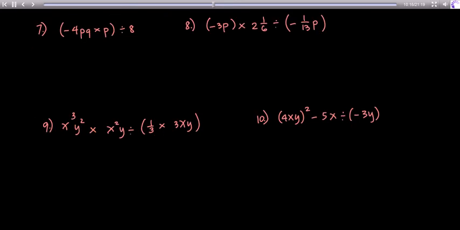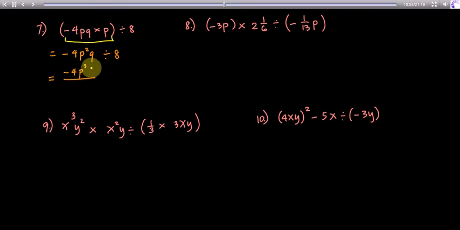Number 7, the quantity of negative 4pq times p divided by 8. So again, we are going to simplify those expressions inside the parentheses. So we have negative 4pq times p is equal to negative 4p squared q. Now this is divided by 8. Now to simplify this, we can change its form into a fractional form.